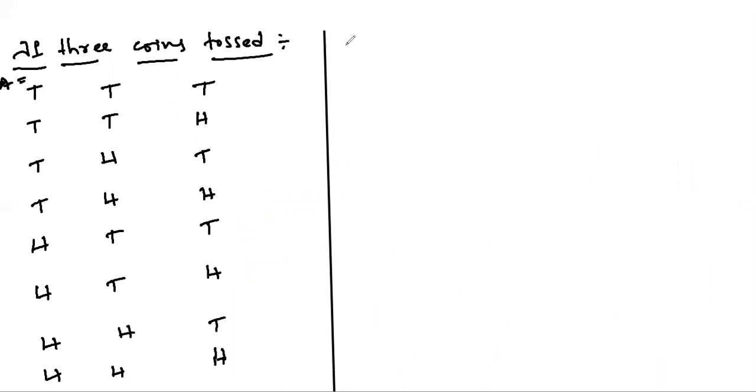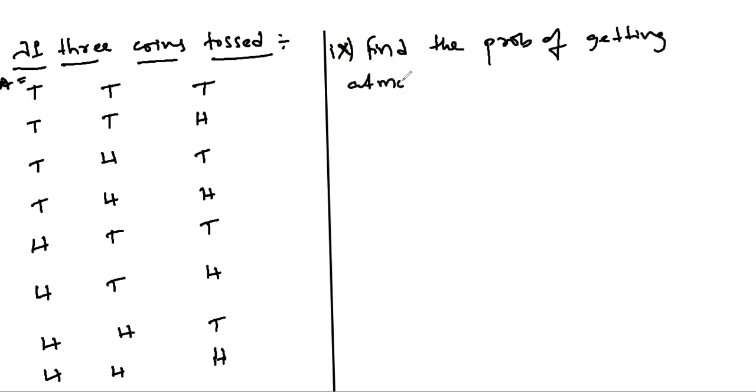Find the probability of getting at most one head. At most one head means you have to take 1 comma 0.